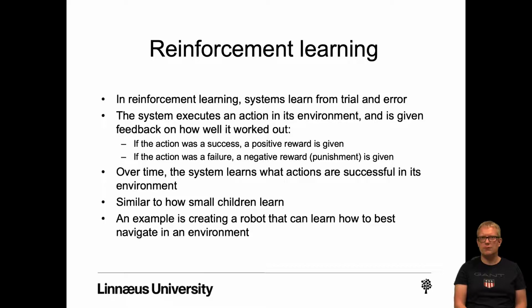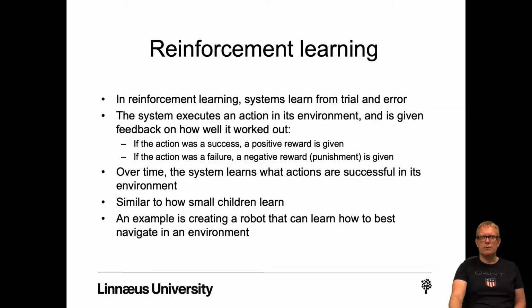And over time, the system learns what actions are successful in its environment. And this is similar to how small children learn. An example could be that we can create a robot that learns how to best navigate in an environment, and the robot tests how to navigate over or around certain obstacles, and gradually it learns how to navigate in its environment.